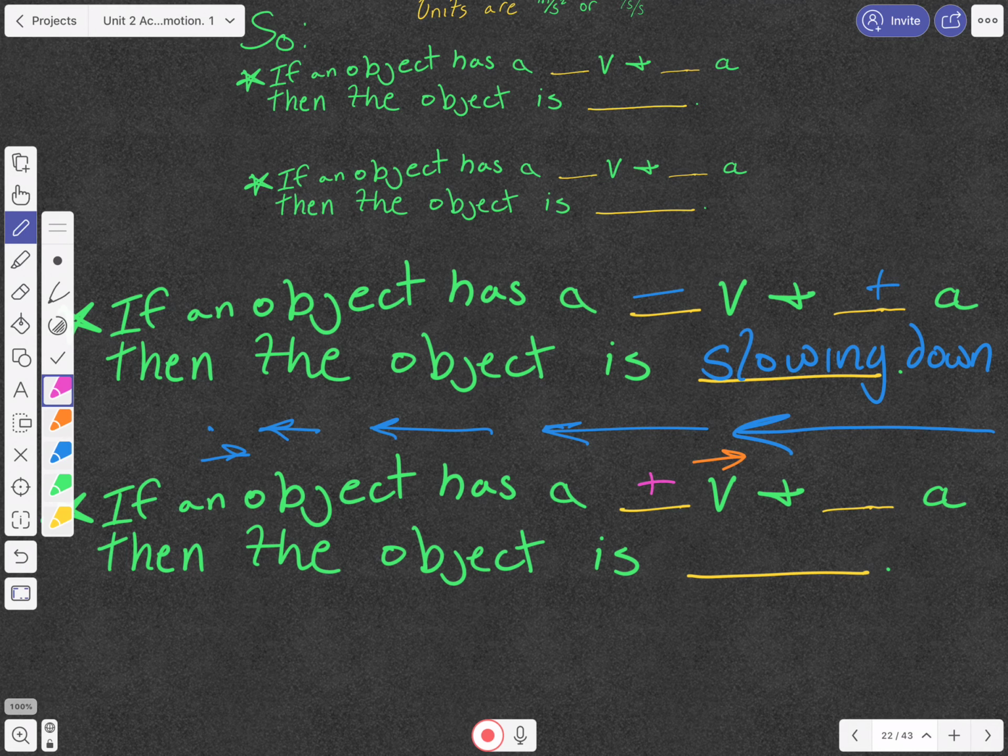But if we have a negative velocity and a negative acceleration, our object will be speeding up. This is just the change of direction of our first one here, where this one was positive and positive.